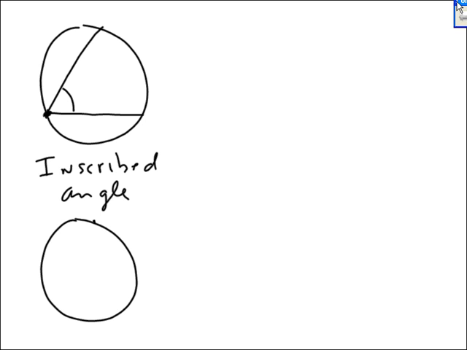Remember, a chord goes from one point on a circle to another point on a circle. That is an inscribed angle.